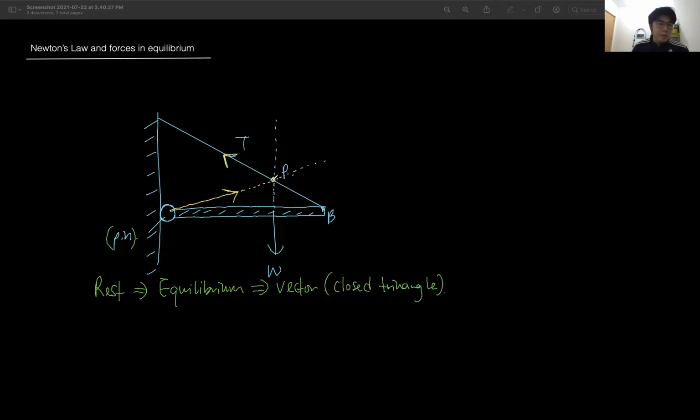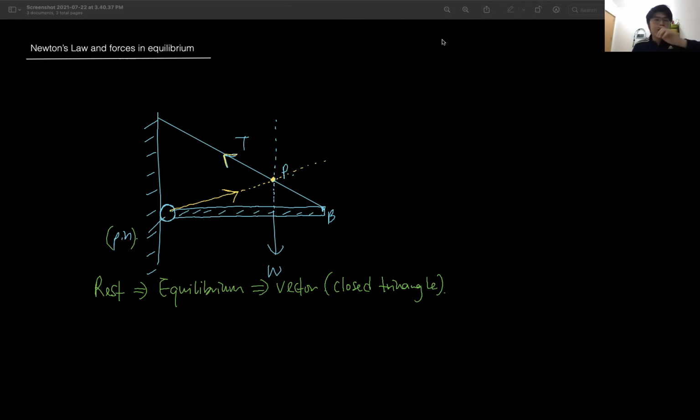Because for moment about P, all these 3 forces, the W, the R, the T, their lines of action cross the point. So if forces act through a point, the turning effect is 0. So when I take moment about P, the total moment is 0.